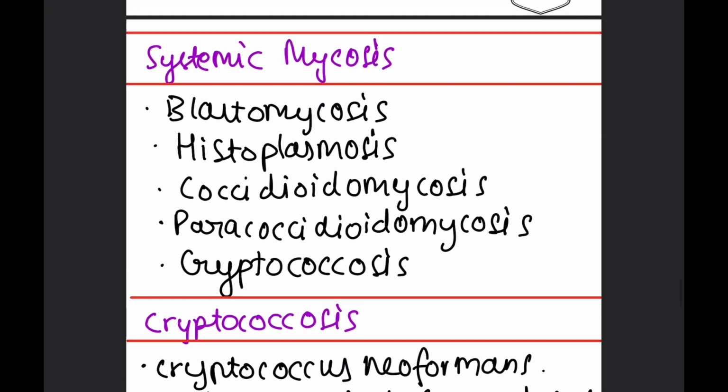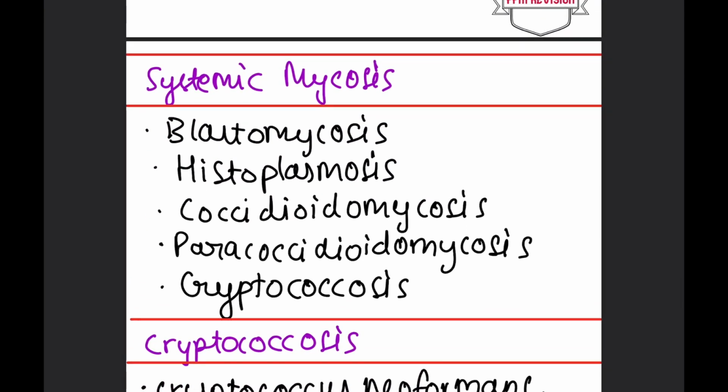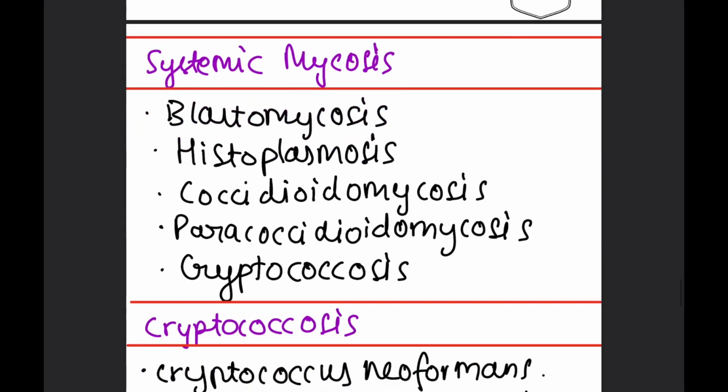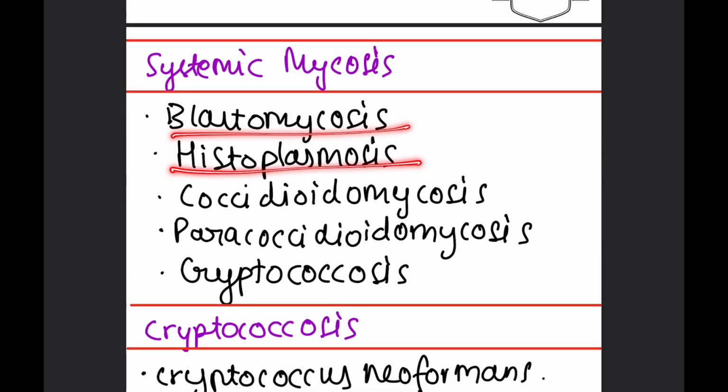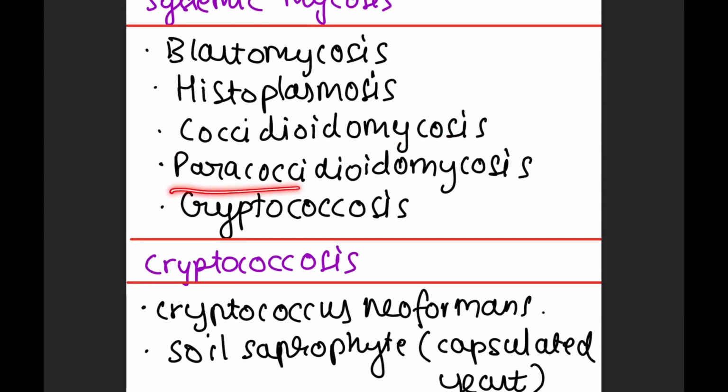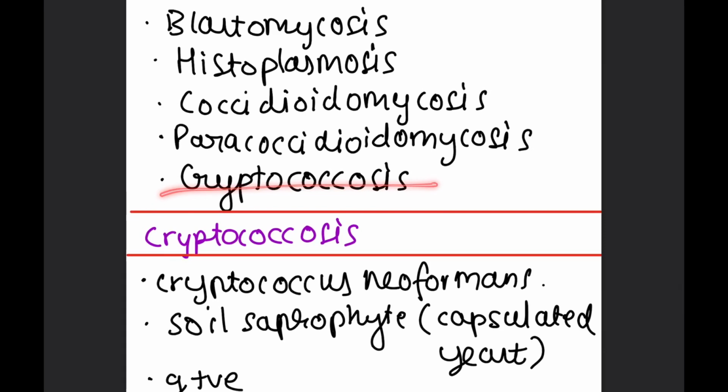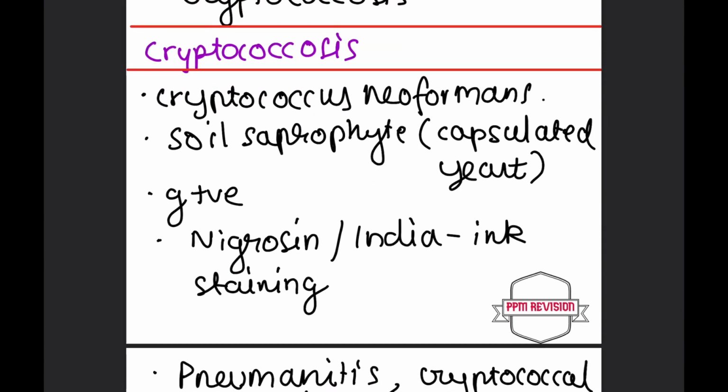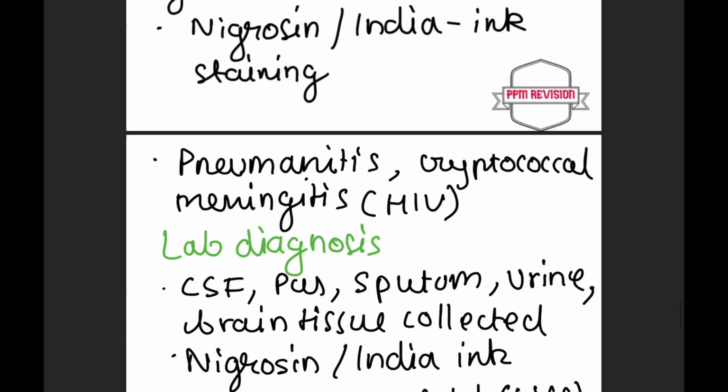Then moving on to systemic mycosis, there is blastomycosis, histoplasmosis, coccidioidomycosis, paracoccidioidomycosis, and cryptococcosis. Talking about cryptococcosis, this is the last but one topic.